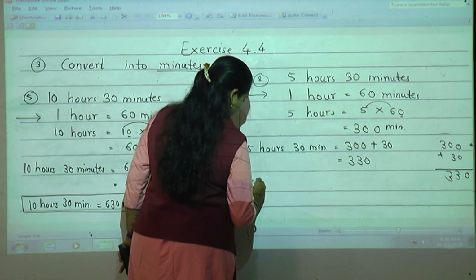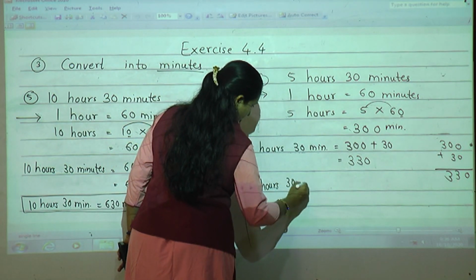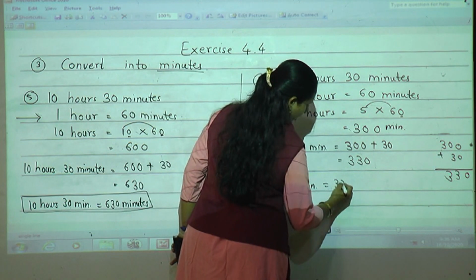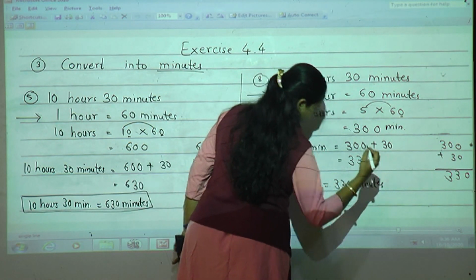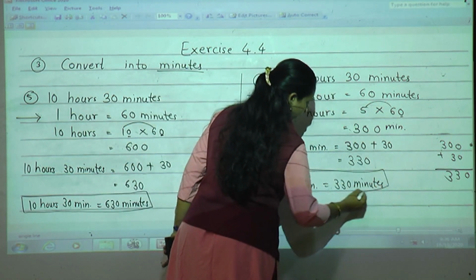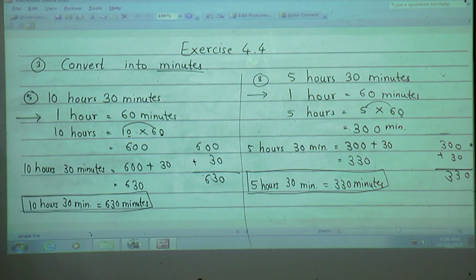So write once again 5 hours 30 minutes is equals to 330 minutes. Into the bracket with pencil and scale. Okay, clear? Is that clear? Very good. Now we will solve fourth question.